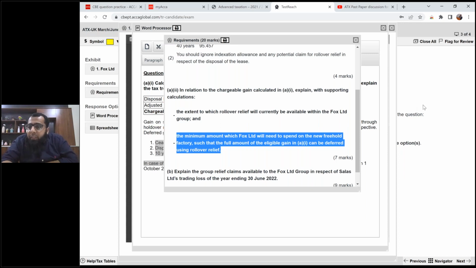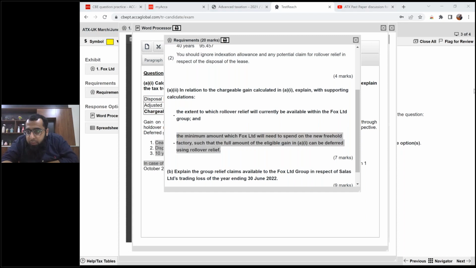Okay, just a second, one question I was reading. Sir, if investment is made within the group, then that is not eligible for rollover. The rollover investment is when one of the group companies purchases the asset from outside the group.